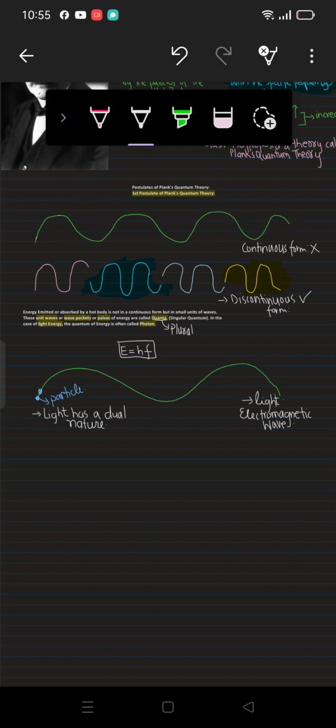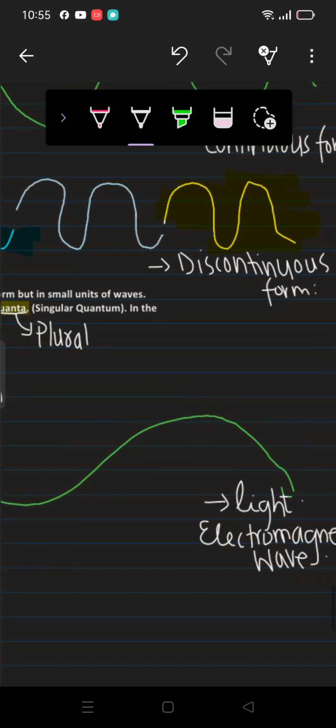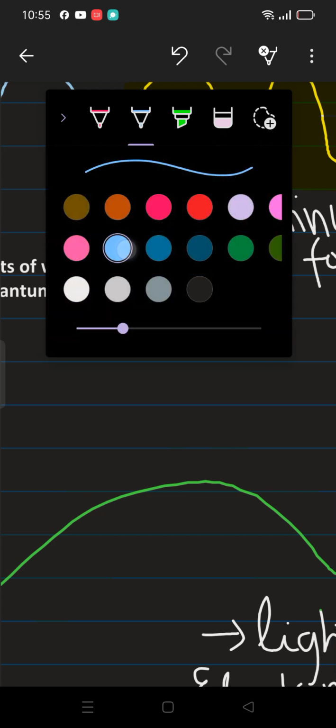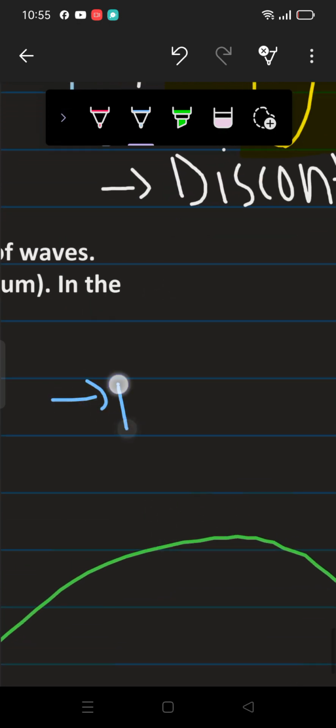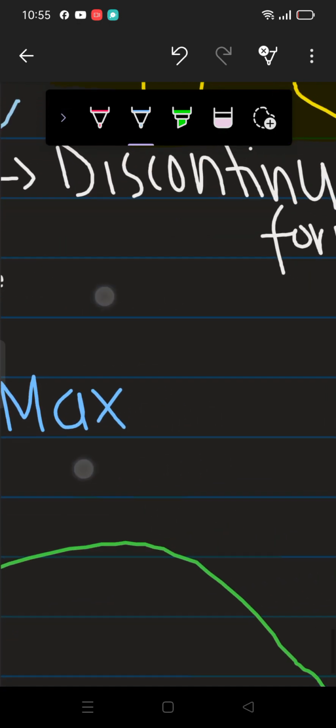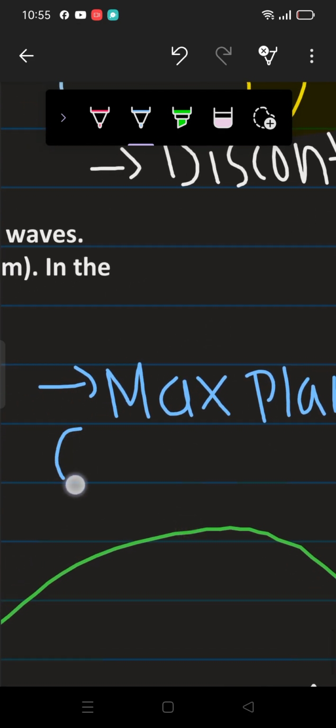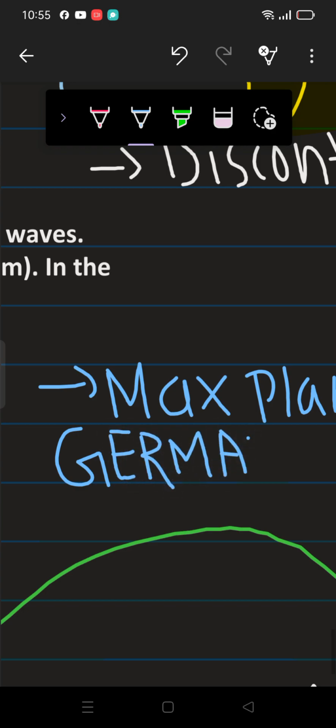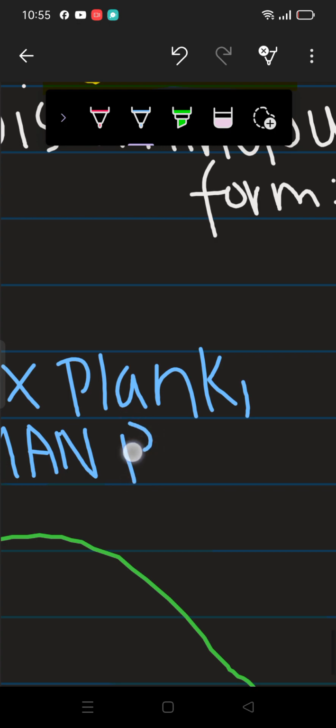Means light has a dual nature, and this was said by Max Planck, the German physicist, right?